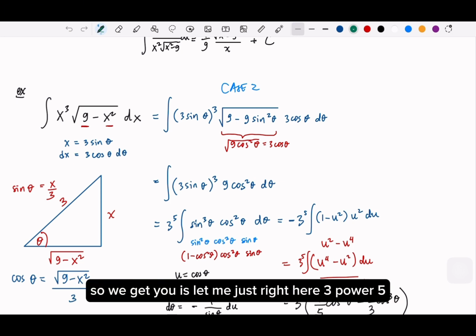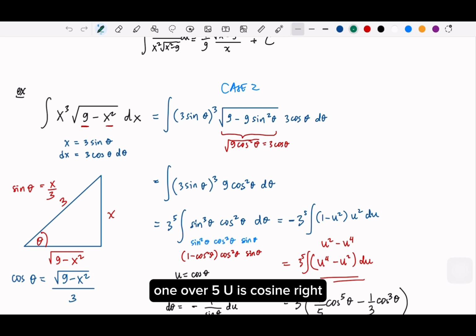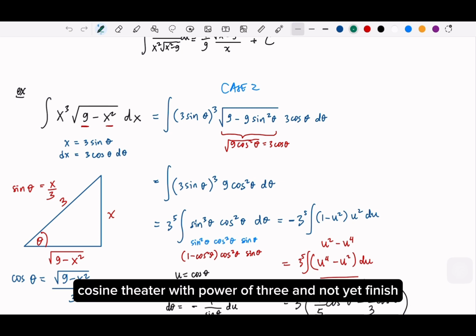So we get 3 power of 5, 1 over 5, u is cosine, right? Cosine theta with power of 5 minus 1 over 3 cosine theta with power of 3.